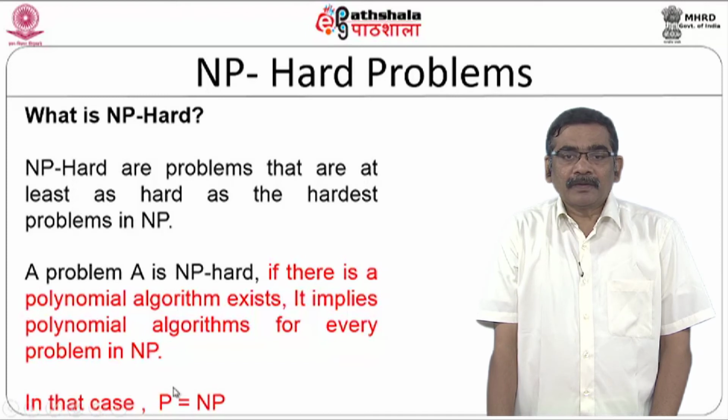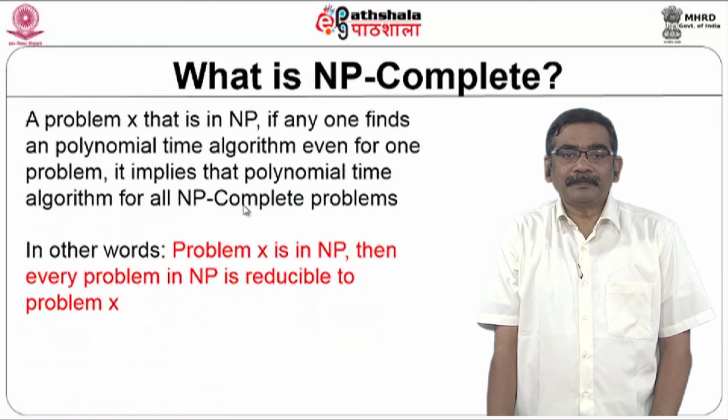If the solution is available, then suddenly all other problems can also be solved by this particular algorithm. So, this sort of problem says that problem A is as hard as another problem B. In other words, these problems are at least as hard as any other problems. So, these problems are called NP-hard problems.